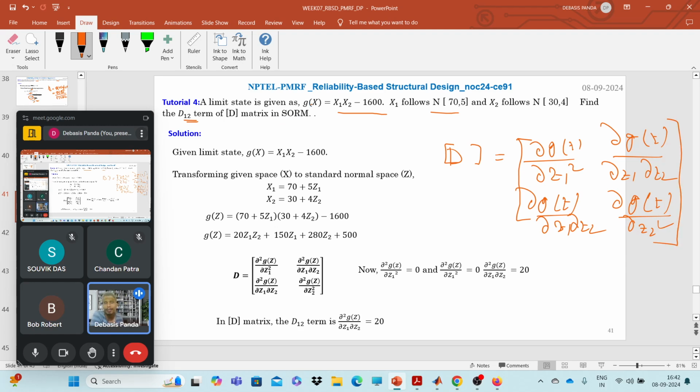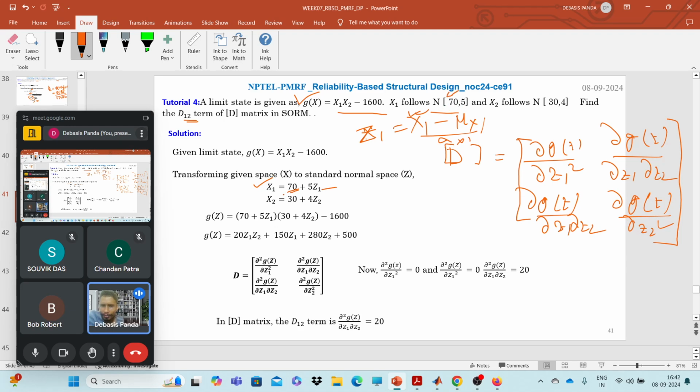So you have the limit state in the actual domain. First you need to convert it into the standard normal domain. What was the formula for conversion? Z1 is equal to X1 minus mu X1 divided by sigma X1. So this is the formula. So X1 is equal to Z1 into sigma X1, which is 5 into Z1, plus the mu value; mu of X1 is given as 70.